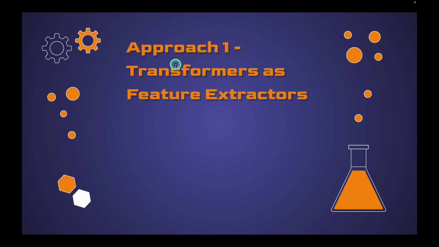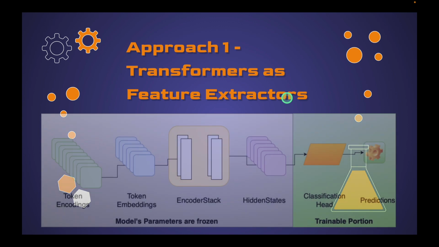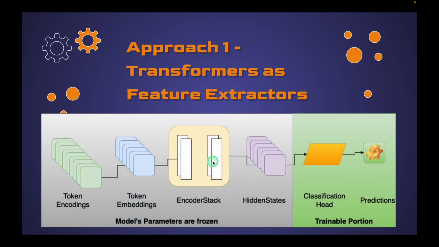The first approach is called transformers as feature extractor. Now it is very easy to use a transformer as a feature extractor. As seen in this figure, we use the output of this last hidden state as features for the classifier and freeze the entire model's body weights during training.